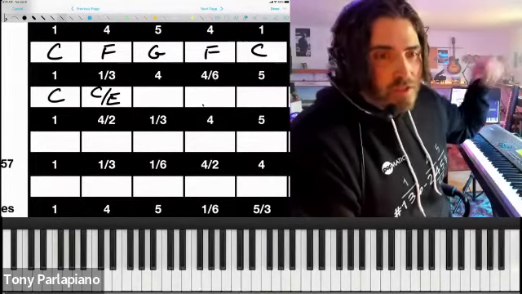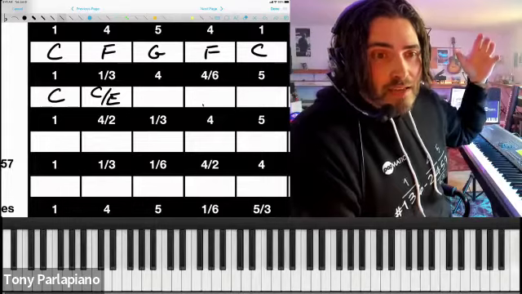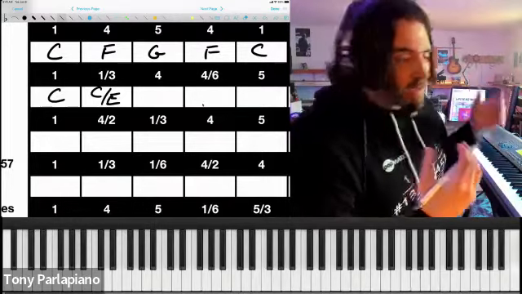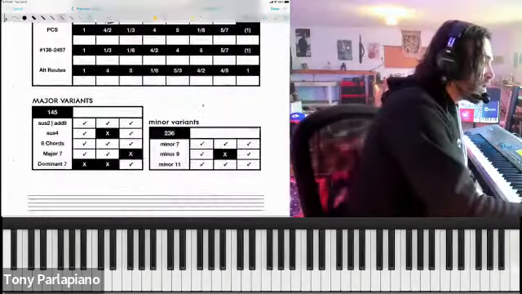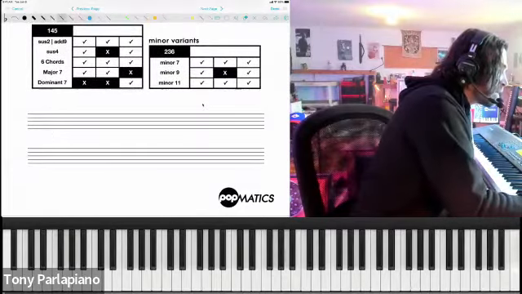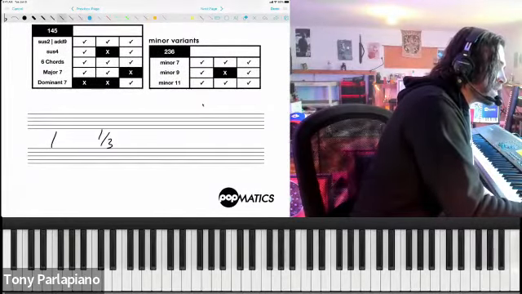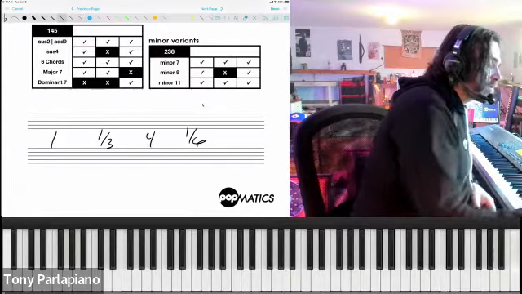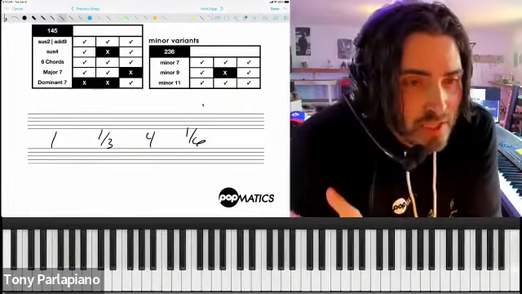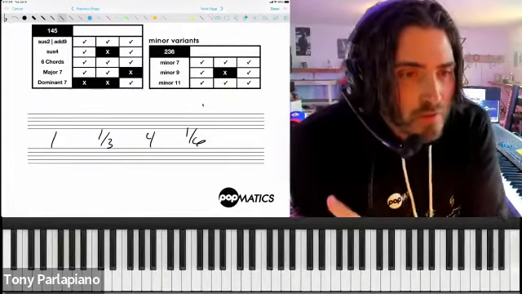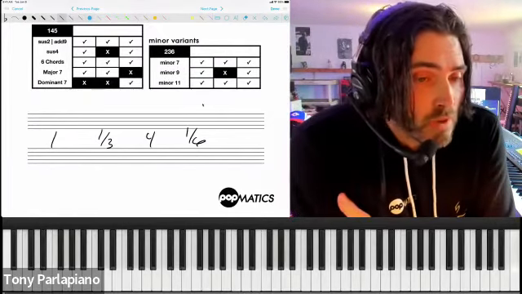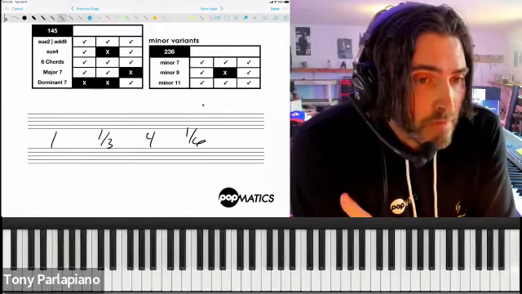Once they get home, they just have to figure out which key it's in, and then they can convert all those numbers into letters. So if they're sketching something out, when I'm hearing music, I'm like, oh, this is a 1, this is going to a 1 over 3, this is going to a 4, this is going to a 1 over 6. We'll sketch it out like that initially, and then we'll make all those conversions. Because a lot of times we're trying to do it before we even know what key we're in.